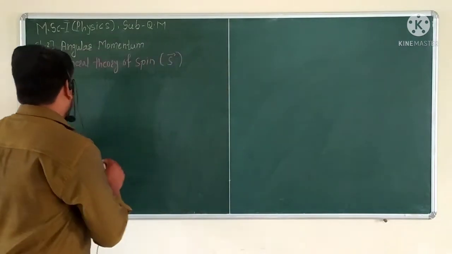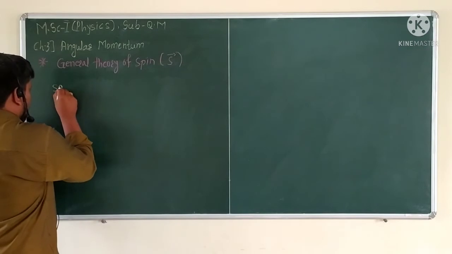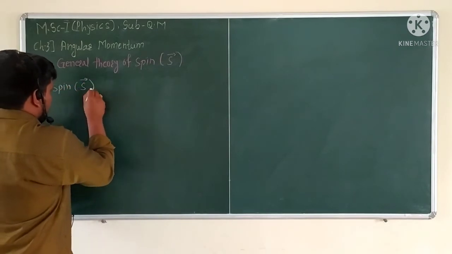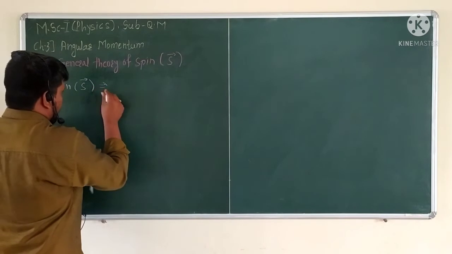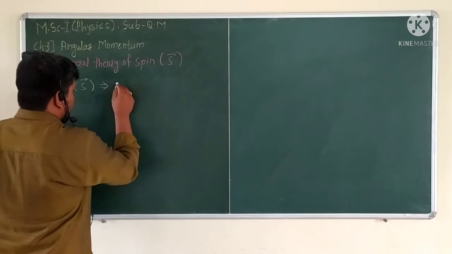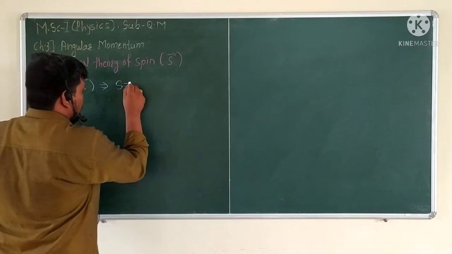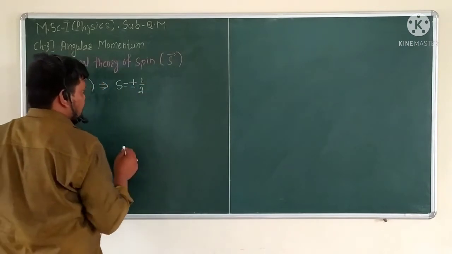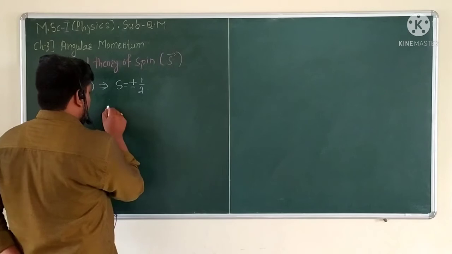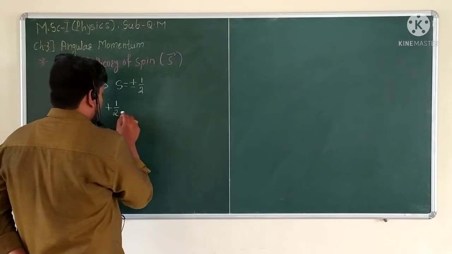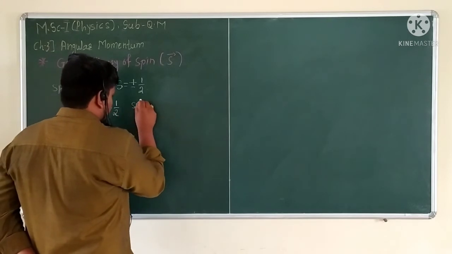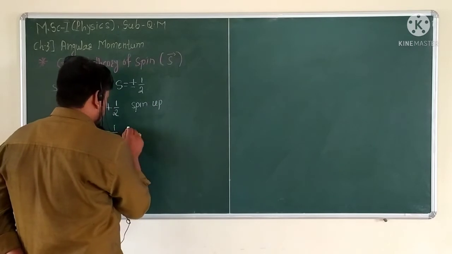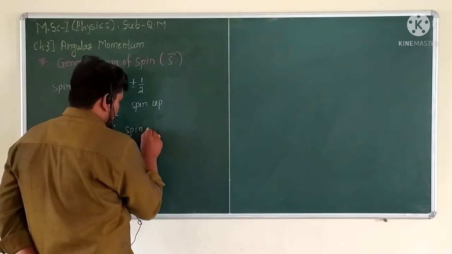The value of the spin, denoted by capital S, is considered as S equal to plus or minus half. The plus half is nothing but spin up, and minus half is nothing but spin down.